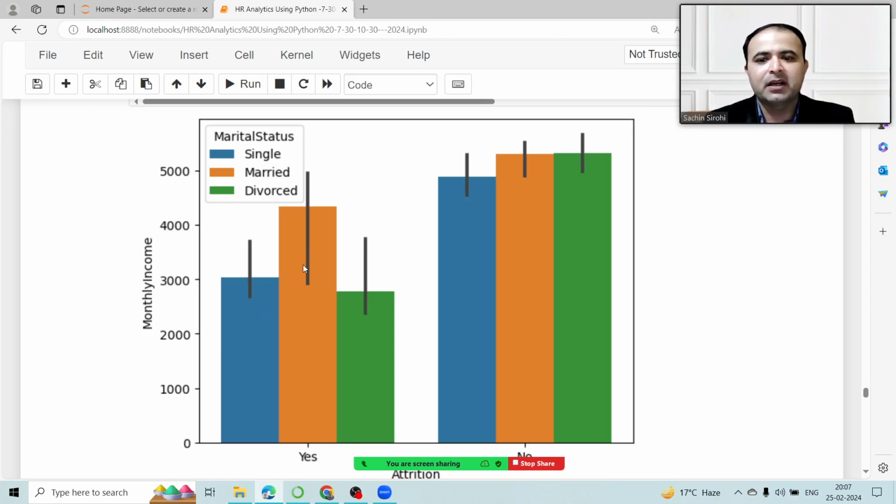Married people also switch the company, while divorced is low, and those who did not leave the company are still working. So you can say the married are mostly quitting or leaving the company.